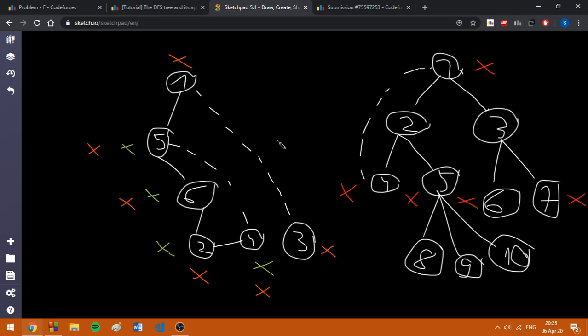Why does this work? Well, it's quite easy to observe, intuitively speaking, that if we have many edges, they are going to connect many nodes between each other. And since the DFS tree has just n-1 edges, if you have many edges, it's quite likely that you will end up finding at least one big edge.